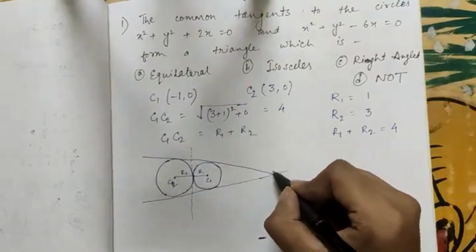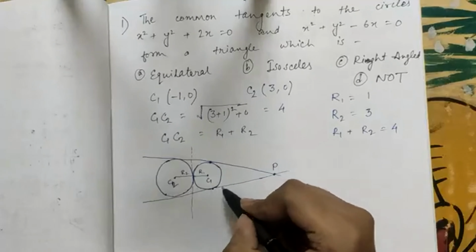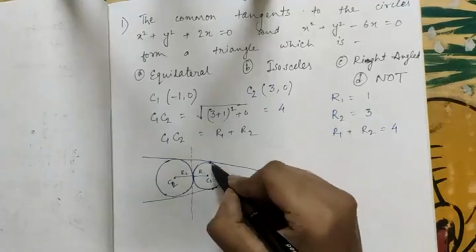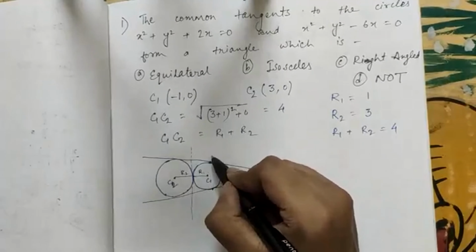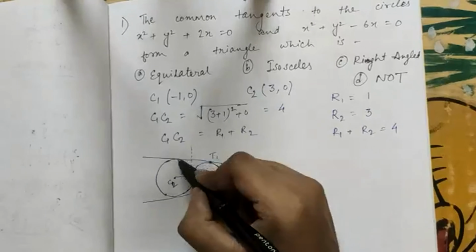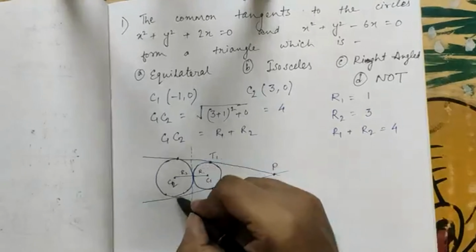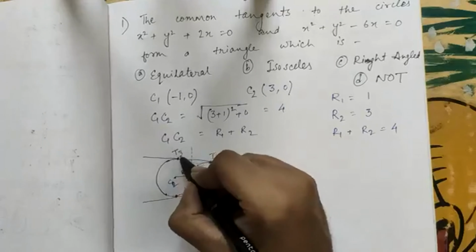Let me call this point P. The points where the two tangents touch the first circle I will call T1 and T2, and the points where they touch the second circle T3 and T4.